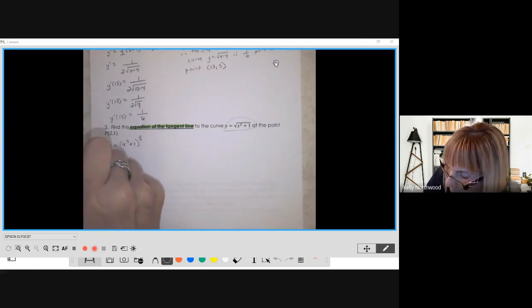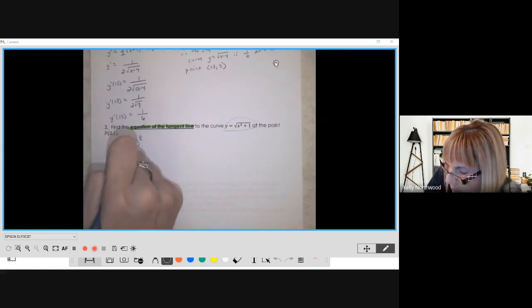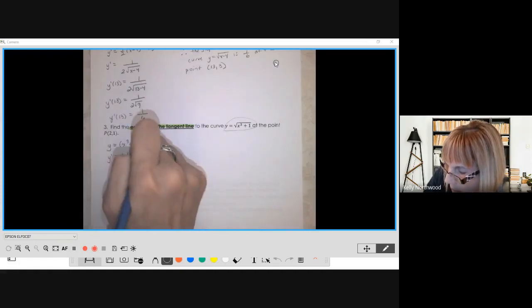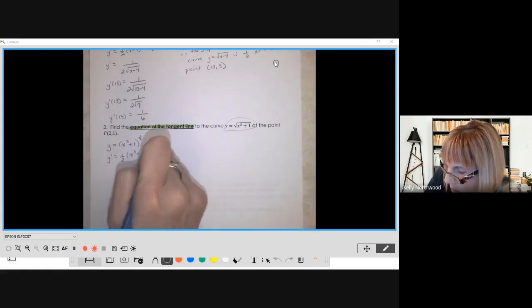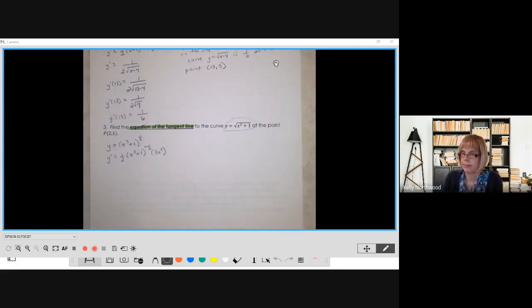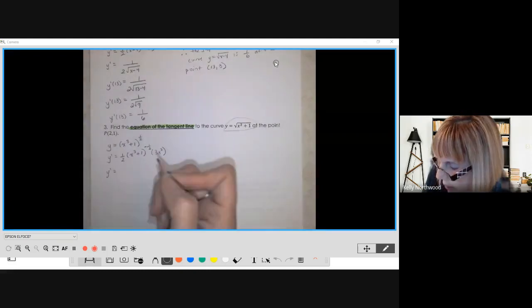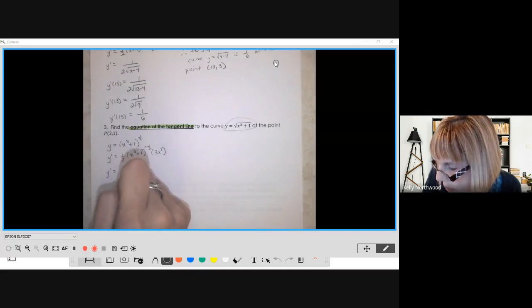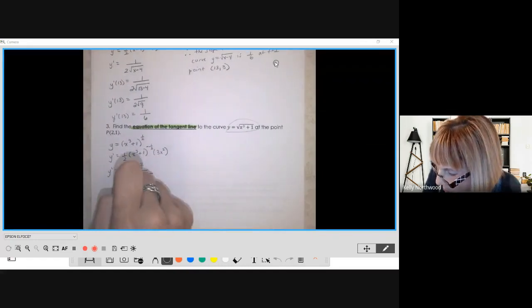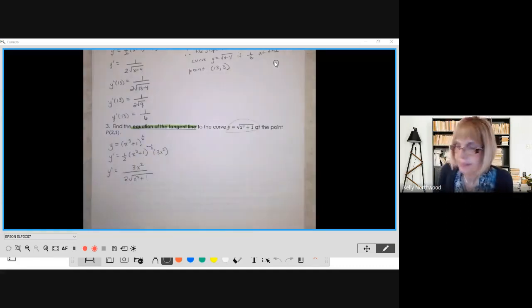Find y prime. Inner derivative is 3x squared. Simplify it a bit, so I'm going to get 3x squared on the top and 2 times the square root of x cubed plus 1 in the bottom.